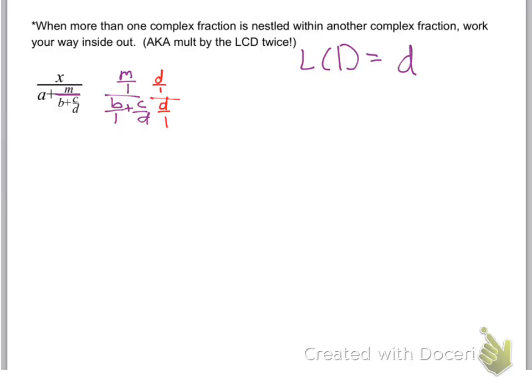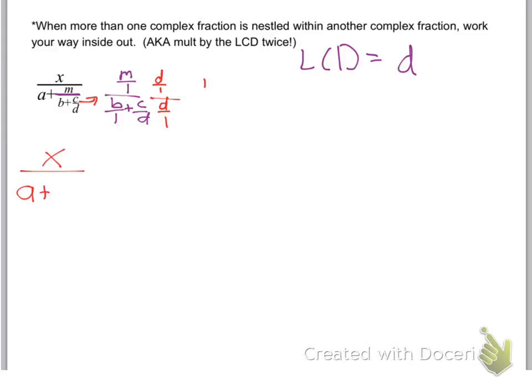I pulled that inner fraction out. This is here. No, the x over the a plus part, we have not touched. That is still going to be there. Right now, I am working on that piece right there. Does everybody see that? You got to look at it to see it. So I multiply it by d over d.